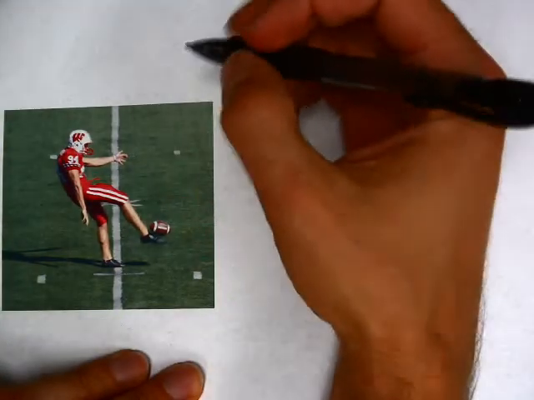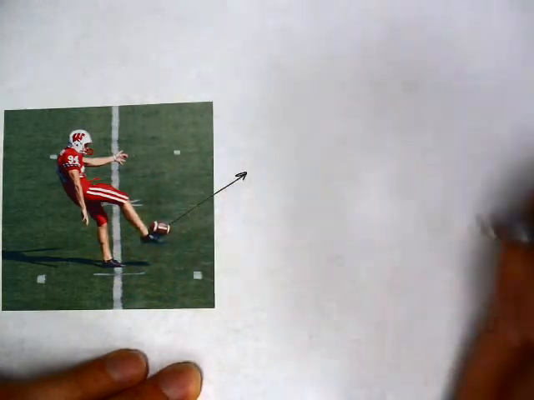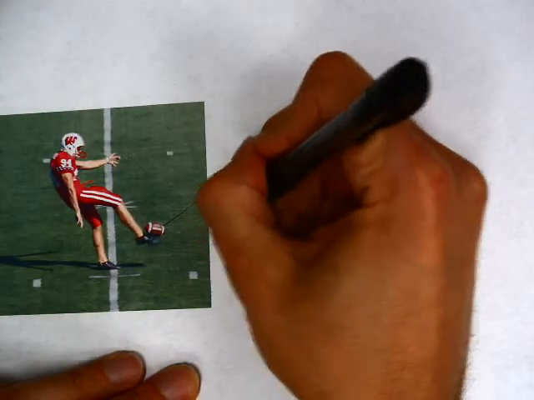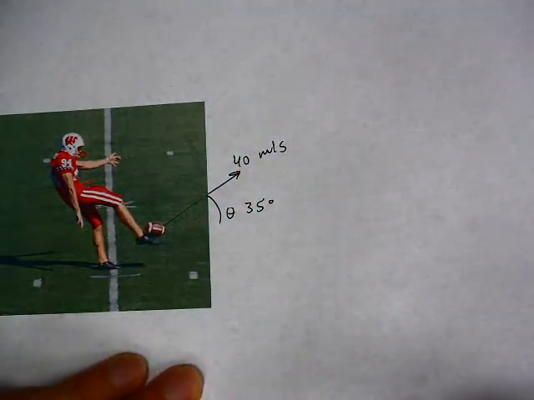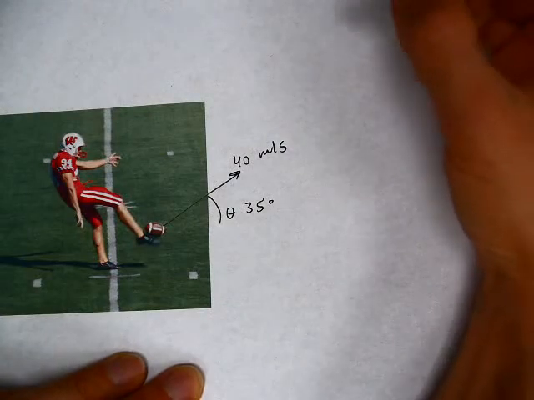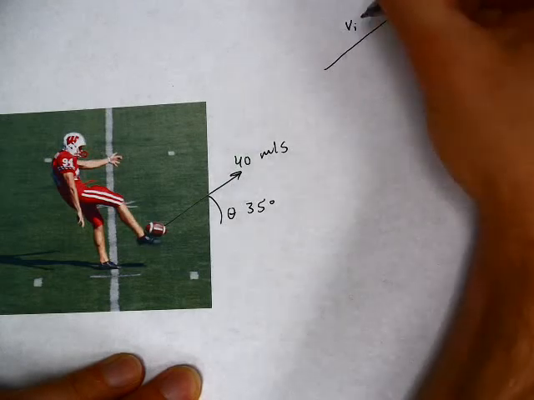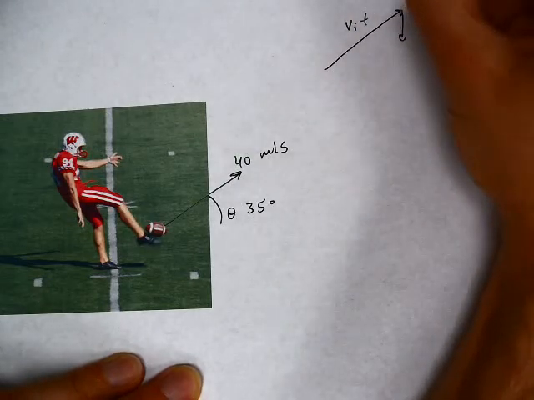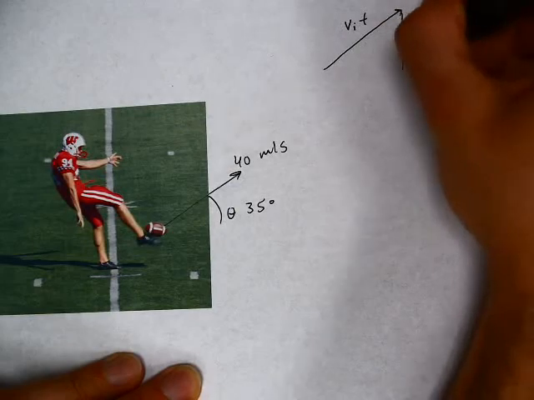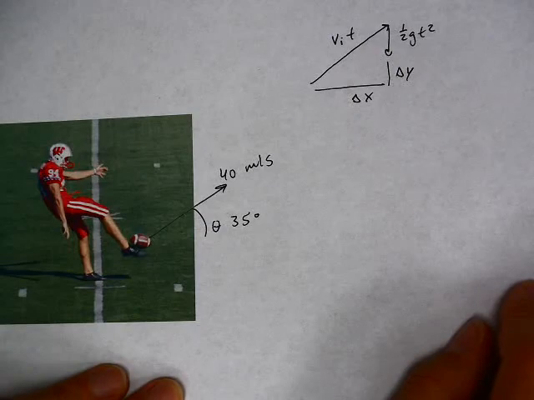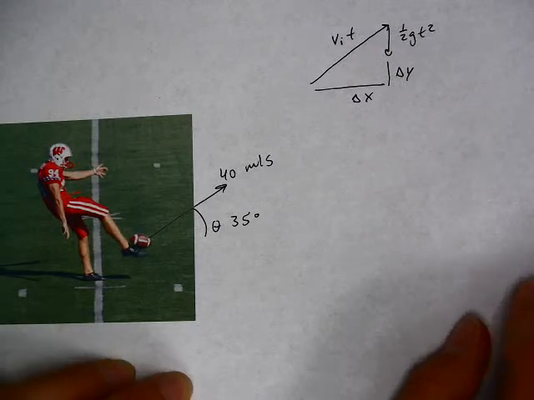One last example. You should pause the video and try this one on your own as soon as I give you the numbers. Let's say that the football is launched at 40 meters per second at an angle of 35 degrees. Let's draw our picture. Draw that picture, and that will help you remember.